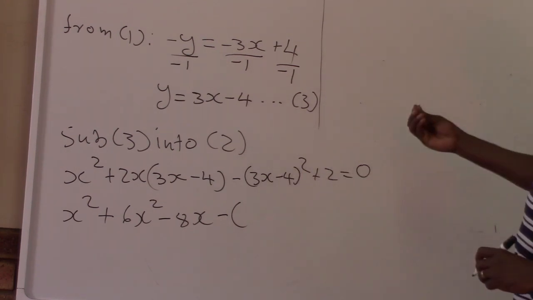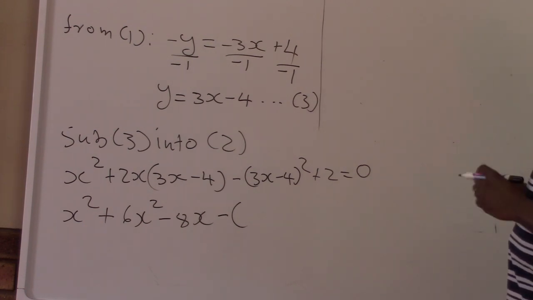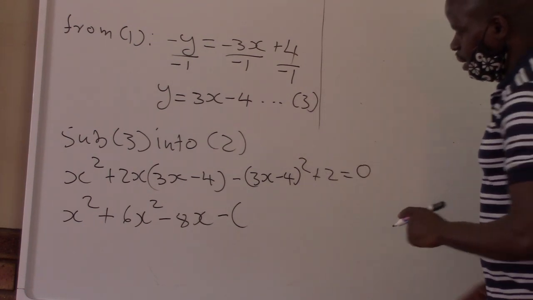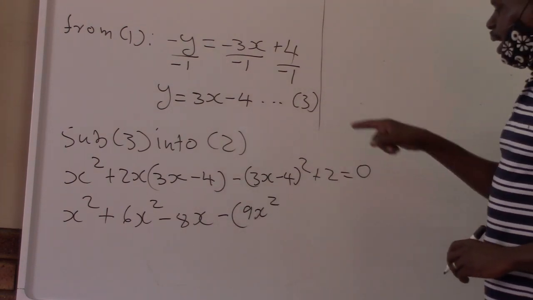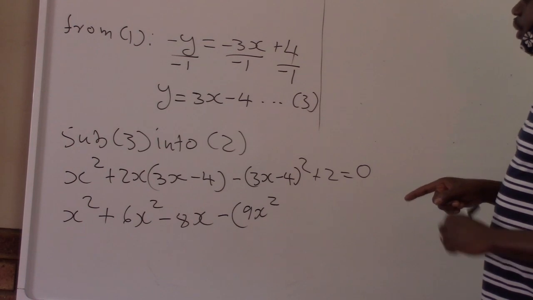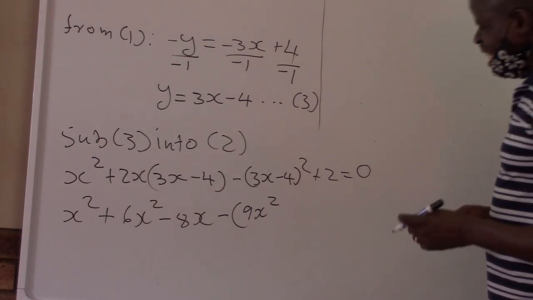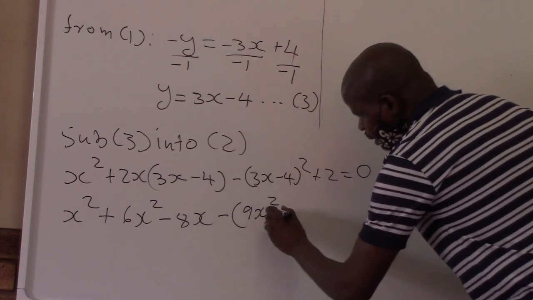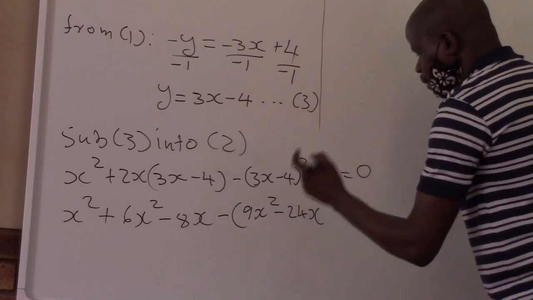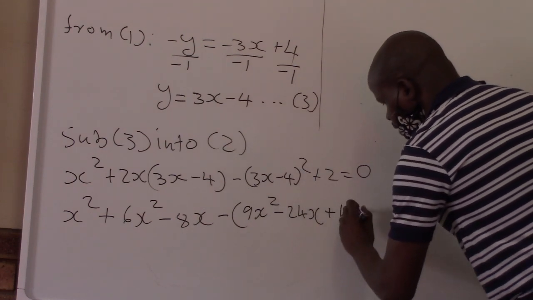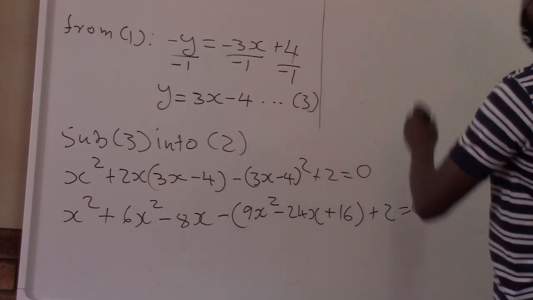It is 3x minus 4 into 3x minus 4. So 3x times 3x is 9x squared. Then 3x times negative 4 gives us negative 12x, which gives us negative 24x. And then negative 4 times negative 4 is 16. Then we still have plus 2 is equal to 0.